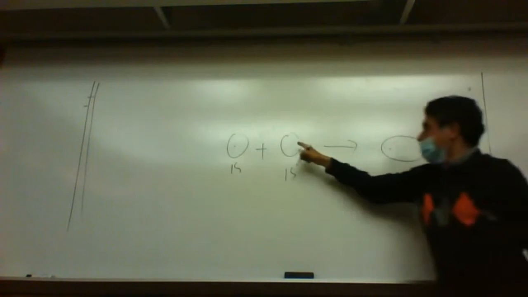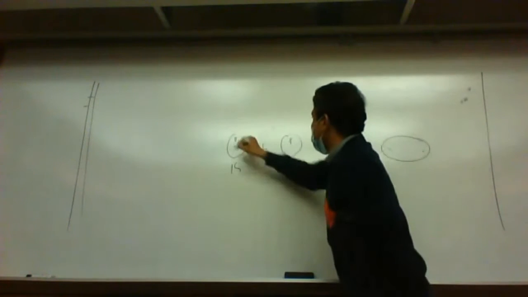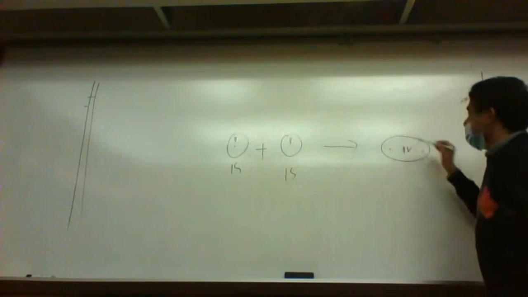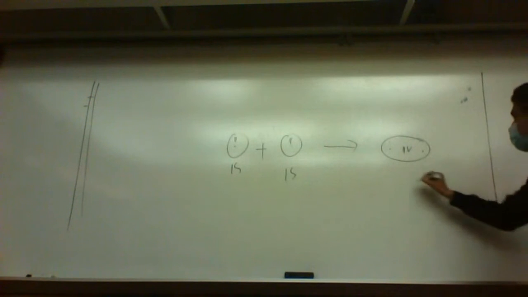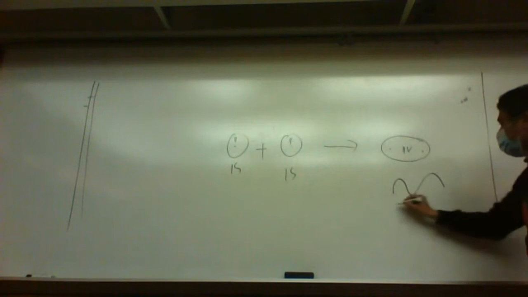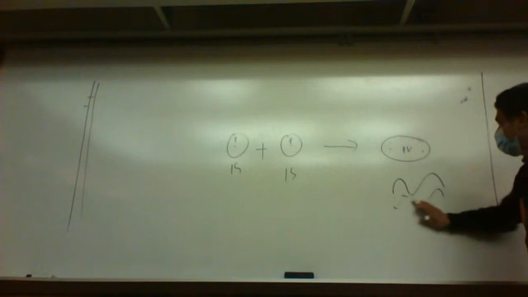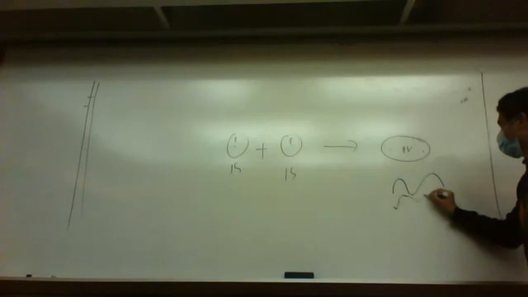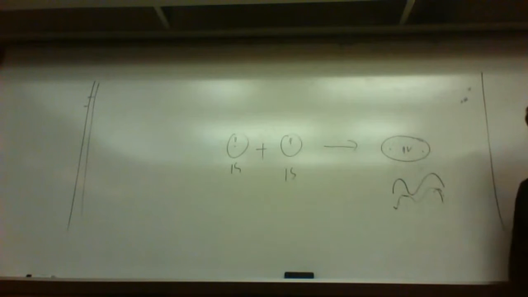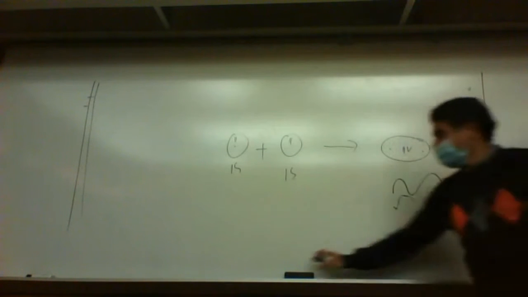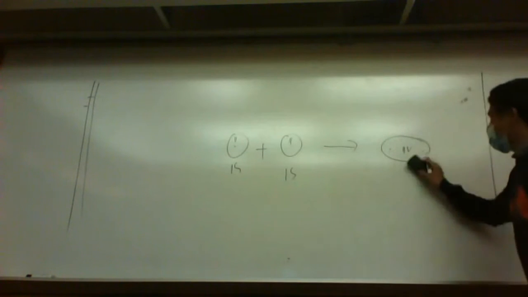So if one electron is here and one electron is here, those electrons come here and sit like this. This is the bonding molecular orbital. It's exactly like how I wrote it. So there is a high probability of finding the electron along the internuclear axis. Make sense? Good. Now the bonding is represented like this.